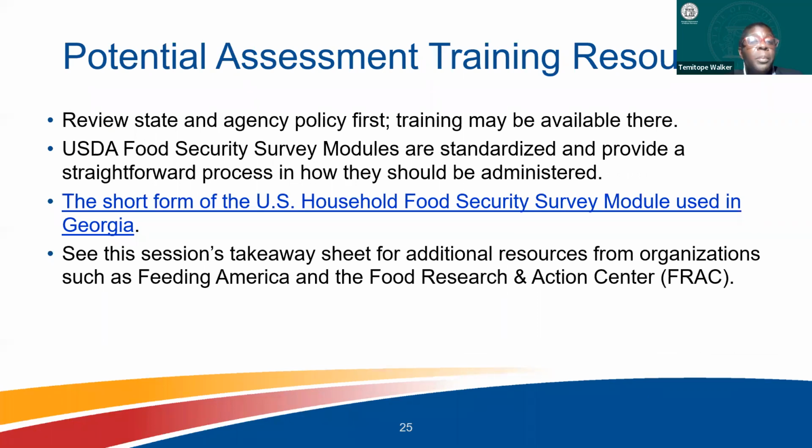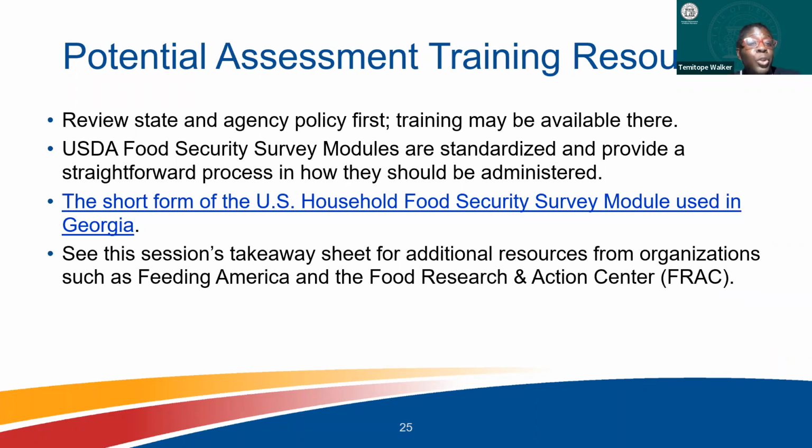So in looking at what potential assessment training resources there are, you want to make sure first and foremost that you review your state and agency policy. There may actually be training available there. The USDA food security survey modules are standardized and provide a straightforward process in how they should be administered.